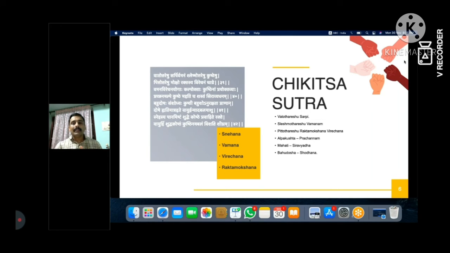Similarly, the varna also. We should grade the redness properly. If it is very darkish red in nature, there will be more involvement of Vata. Sometimes it will be in between very dark red or blackish red and very bright or fiery red. If it is in between, we should grade the involvement of Vata relative to Pitta.